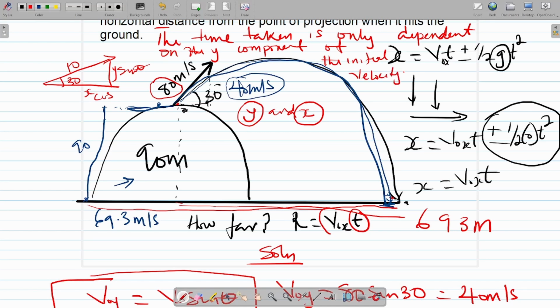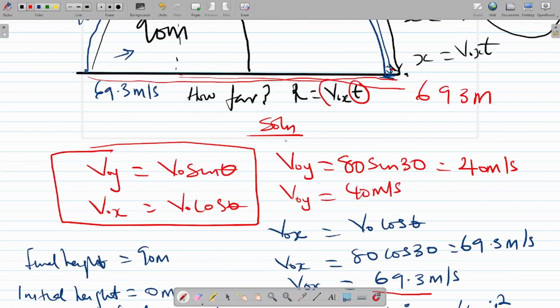You must always remember this. Do not forget it. The time taken to travel from the point of projection to the plane of impact is only dependent on the y component of the initial velocity. Don't miss that, which means that you always have to find the y component of the initial velocity, and with that, you can solve for whatever you're looking for.